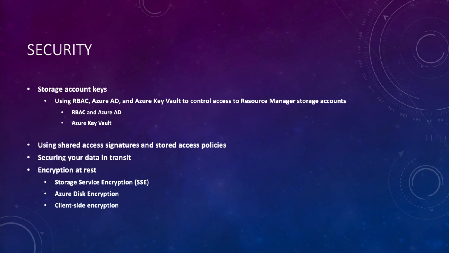You can also secure access to your data. There are two ways to secure access to your data objects. We just talked about the first one, controlling the access to the storage account key, and the second way is by using shared access signatures and stored access policies.